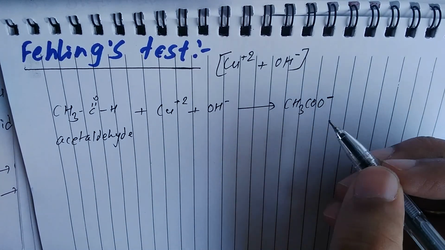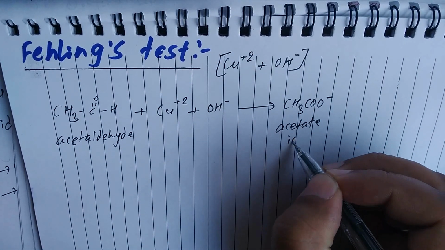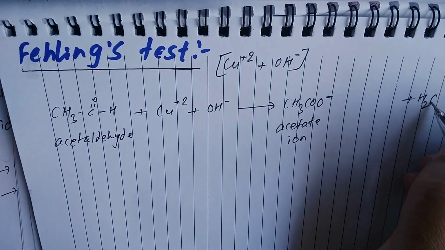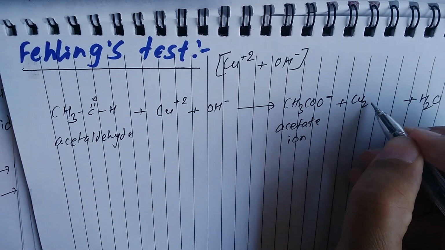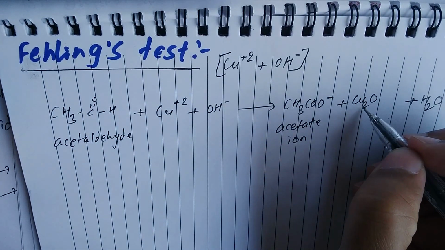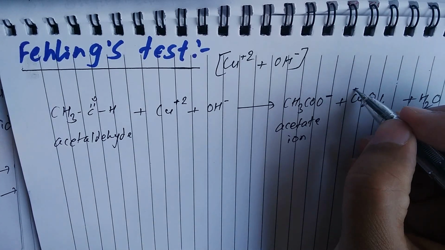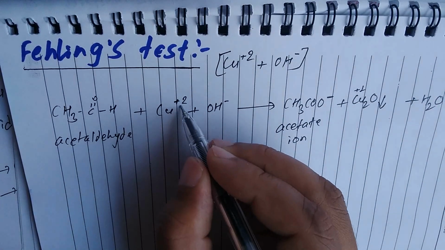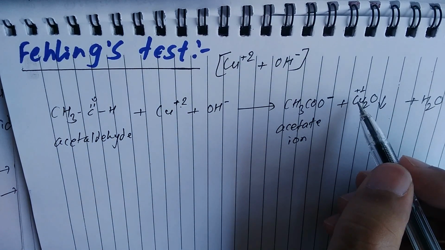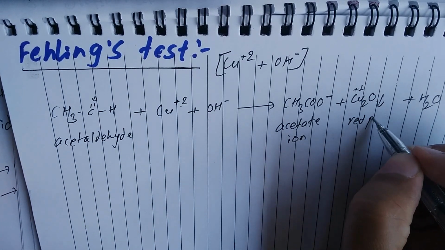We do not write H, so this is the acetate ion. This is oxidized. Okay, and water will be formed here, H2O, and a red precipitate of Cu2O is formed. Here copper has a plus 2 oxidation number, but in this Cu2O, cuprous oxide, copper has a plus 1 oxidation number. So Cu plus 2 to plus 1, change in oxidation, gain of electron, so it is reduced and a red precipitate is formed.